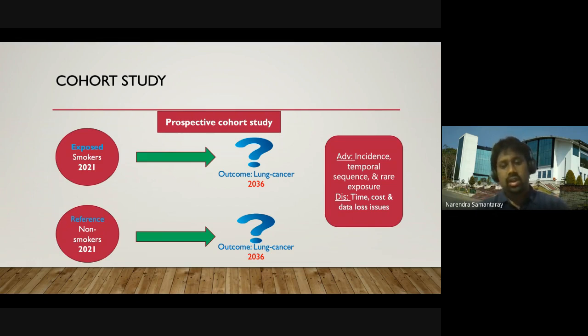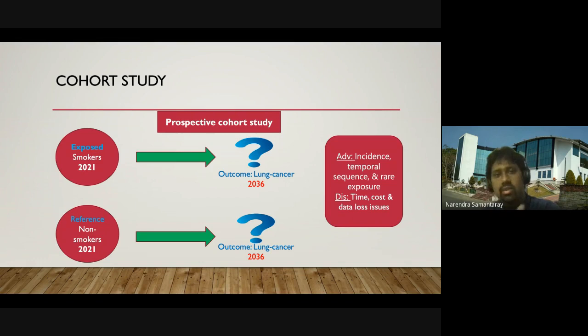So here, clearly, there is a temporal relationship. The exposure was there, then after following up, we are able to see the outcomes. There is a temporal sequence. To summarize, we start with the exposure here, not with the outcome.